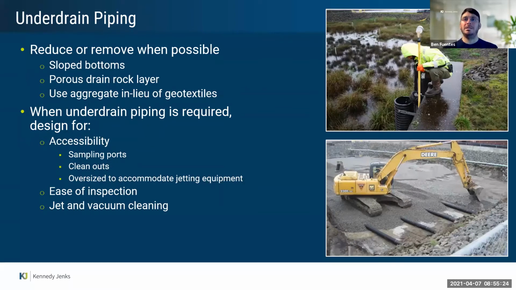So when the site or the configuration allows, if you can instead just have sloped bottoms and rely on a drain zone at the bottom of your biofiltration system, using aggregate in place of a pipe system, that will give you one less thing to maintain.